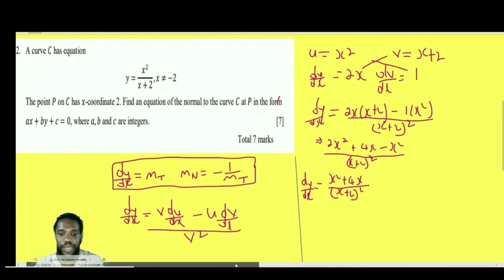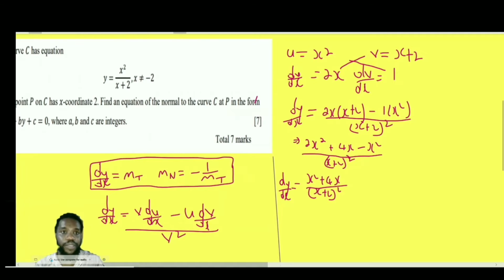Now, what I want is the gradient of the normal, but I'm going to start by finding the gradient of the tangent. So I'm going to have mt equal, all I need to do is to take 2 and plug it in here.